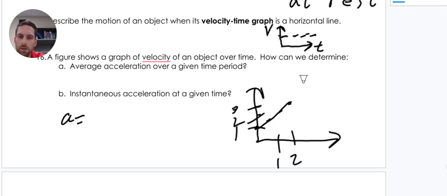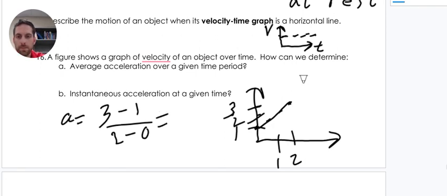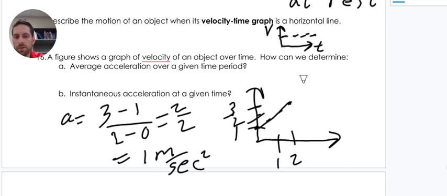It's going to be rise over run. So 3 is our rise minus 1 divided by our run, 2 minus 0. We get 2 over 2, which is 1. Our unit is meters per second squared.